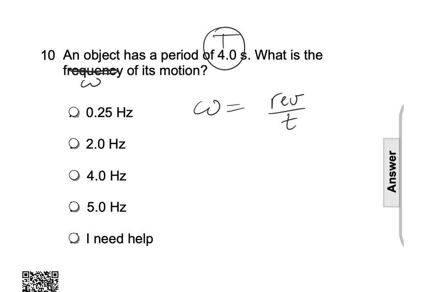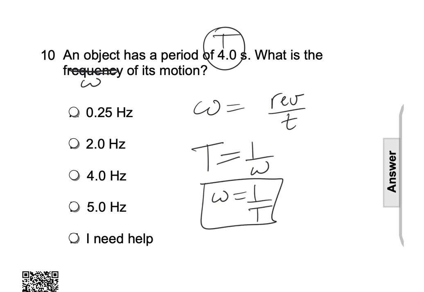Now, I don't really have to do it this way, because I know the period is 1 over omega, so omega is 1 over T. So all I have to do is 1 over the period, which is 4, so 0.25 revs per second. Or you can do hertz, I don't care.